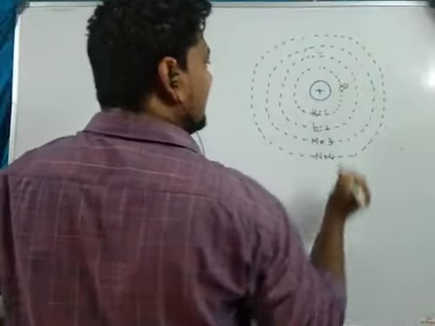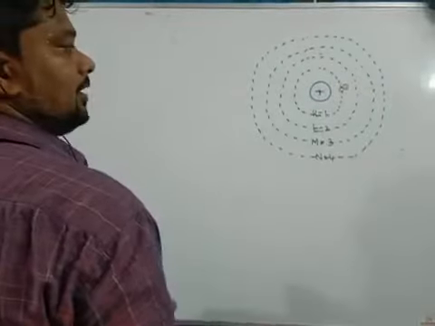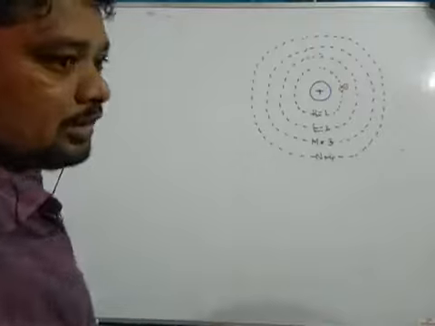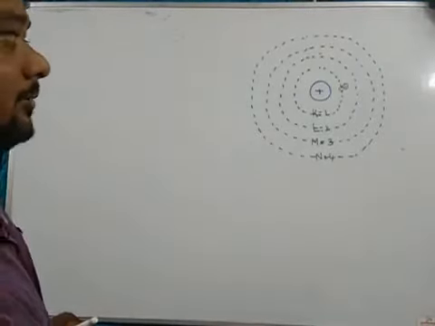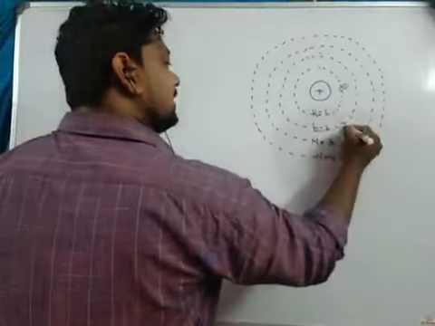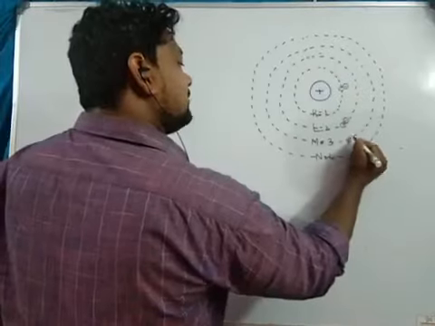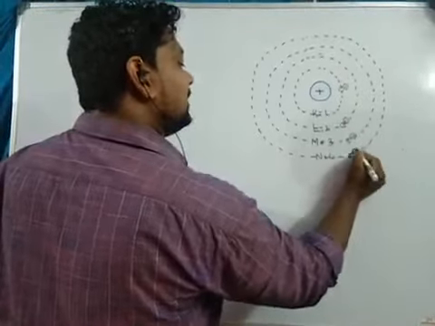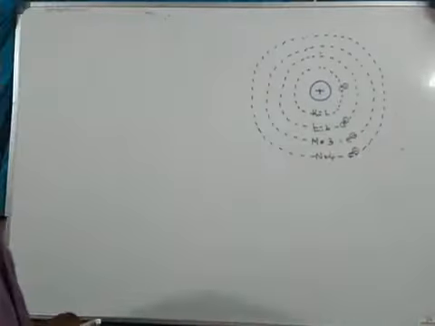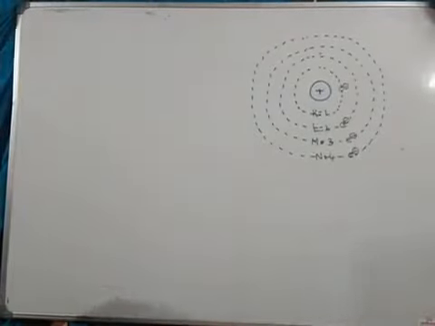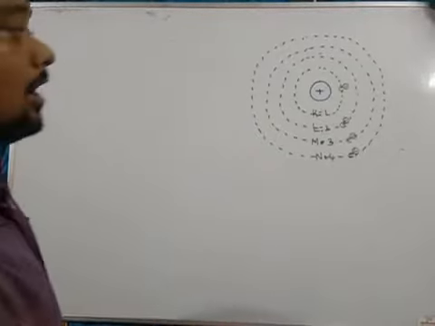The electron in the K shell revolves around the nucleus with a constant energy. Similarly, the electrons in the second, third, and fourth orbits revolve with constant energies. We want to calculate those constant energies for hydrogen.